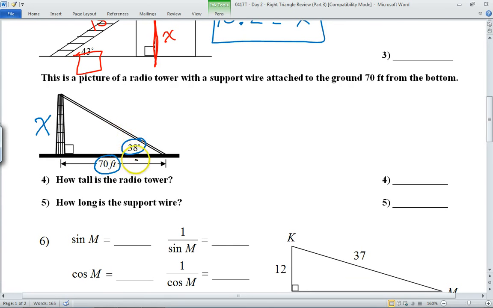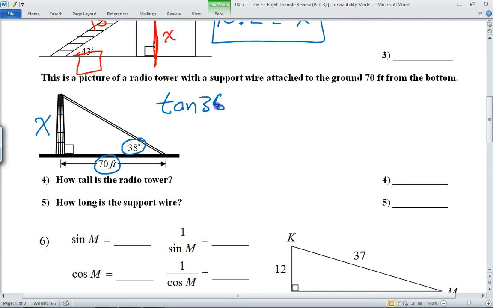Well, from the perspective of the 38, x is opposite and 70 is adjacent. The hypotenuse is here. We have nothing on that. So opposite over adjacent. What function is that? That is the tangent function.